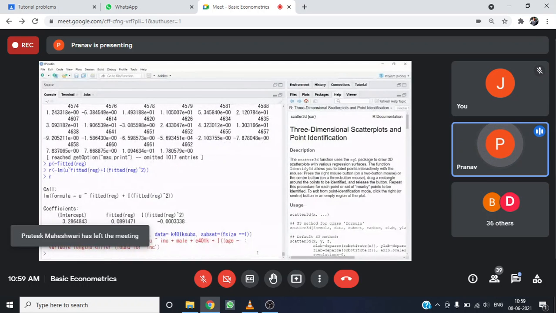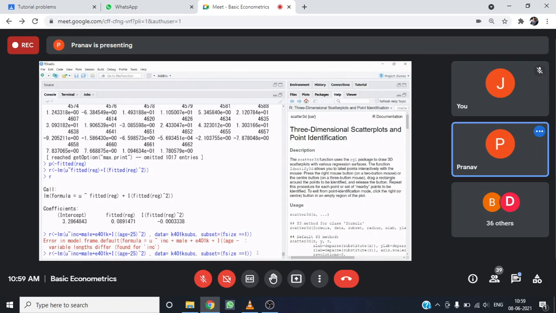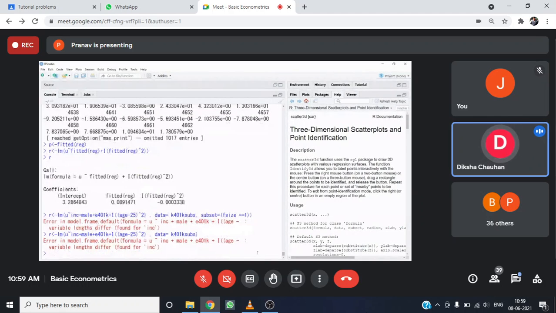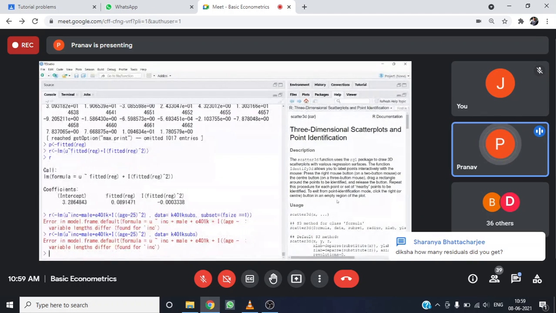It says variable is not the same. Can you copy paste the code that I've pasted in the chat box and try? Is it working on your system?